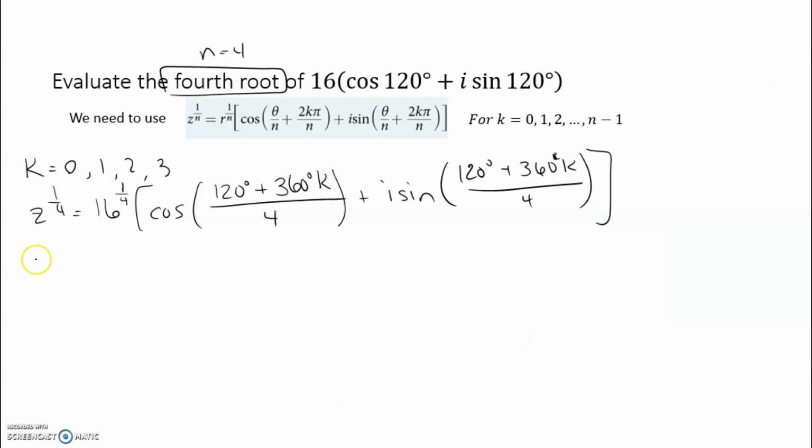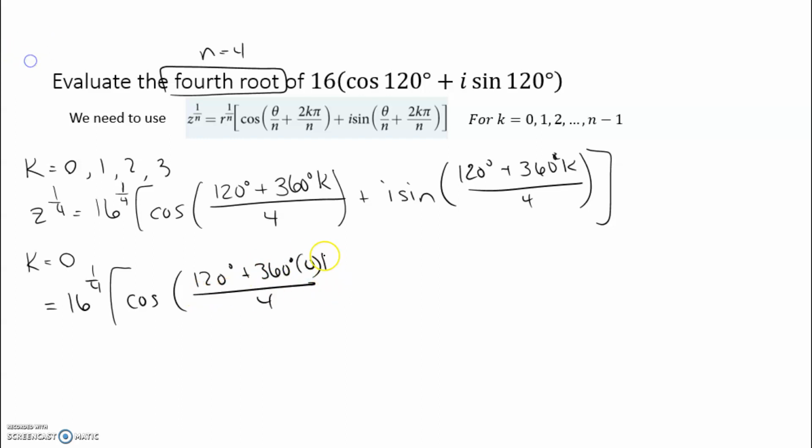And then you just start off with, okay, well, for k equal to 0, I'm going to plug in 0 for these k's right here. So this is going to be equal to 16 raised to 1/4, or the fourth root, times cosine of 120 plus 360 times 0 divided by 4, plus i sine of 120 plus 360 times 0 divided by 4.